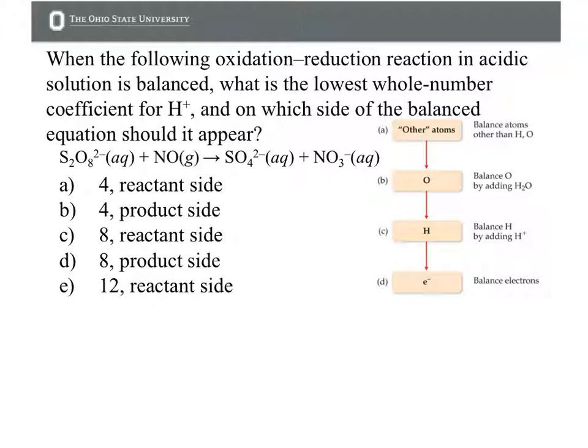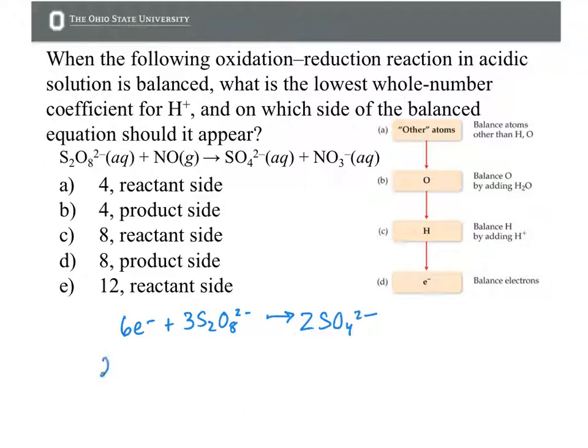I will, for this problem, write up the half reactions that I end up with before I cancel everything out and add them together. So I'll end up with 6 electrons plus 3 S2O8 2 minus, forming 2 SO4 2 minus.